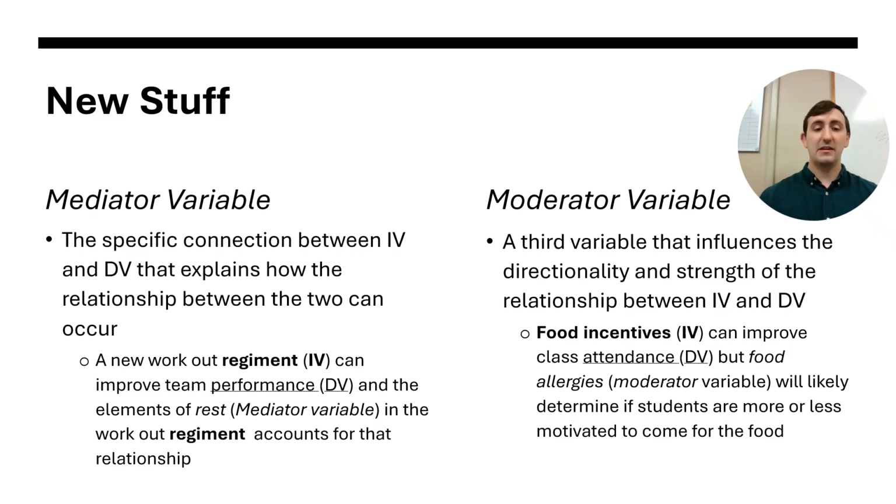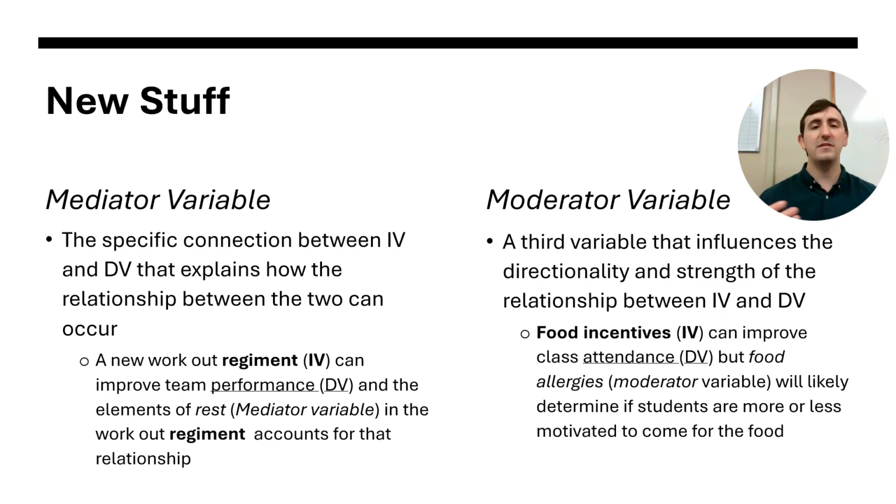So we can see here, I've got an example. A new workout plan for a team can improve team performance, right? So the independent variable here is that new workout schedule, that new workout regimen. And then team performance, either in games or in longevity or like better scoring, depending on the game itself, that's the dependent variable.